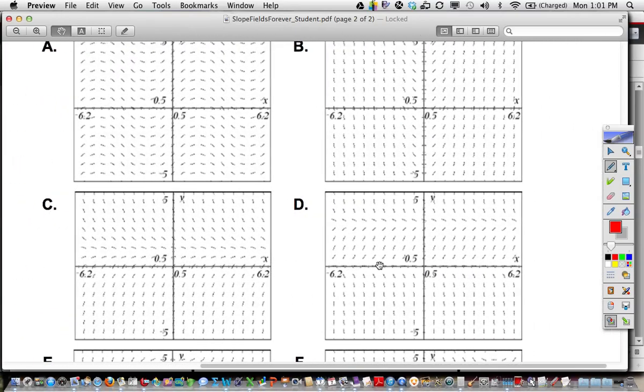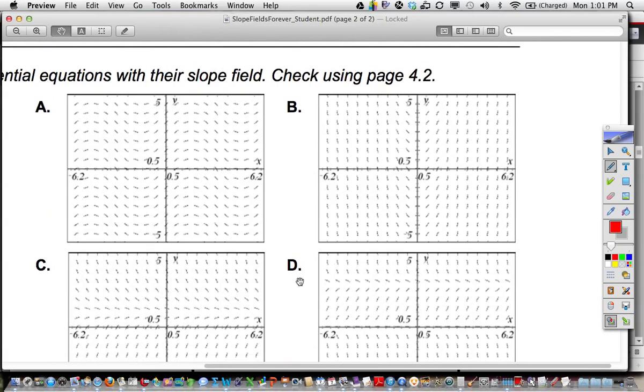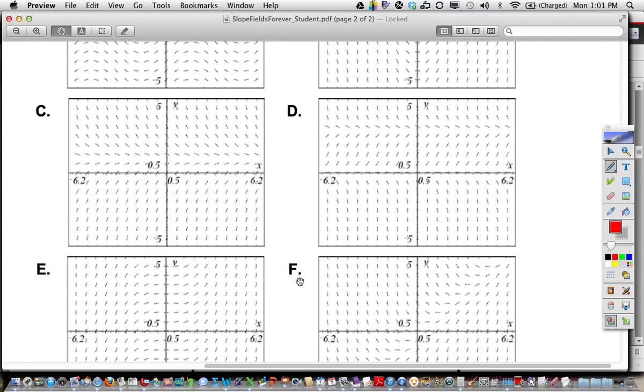Now, there's one other thing that we're kind of missing here a little bit. Let's look at C. We said C looked like what? An exponential. We thought it looked like an exponential, like an e to the x kind of thing. Look down your list on the left. See any e to the x's over there?